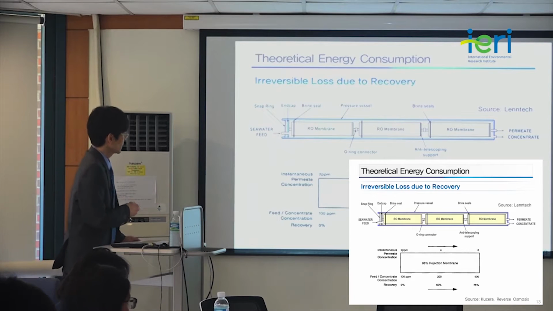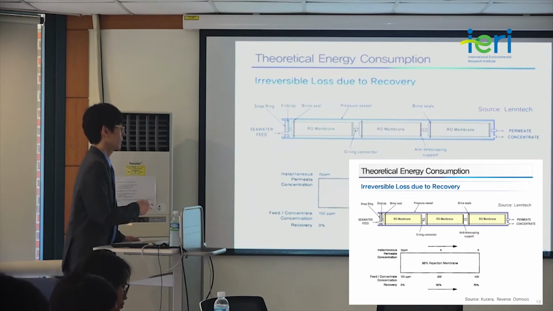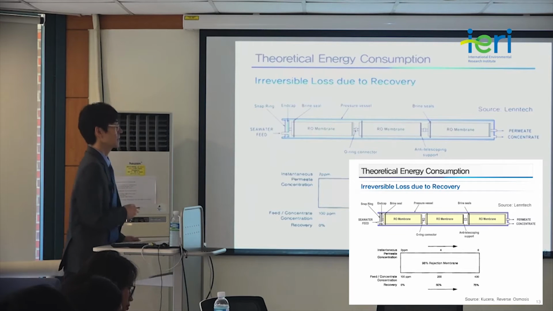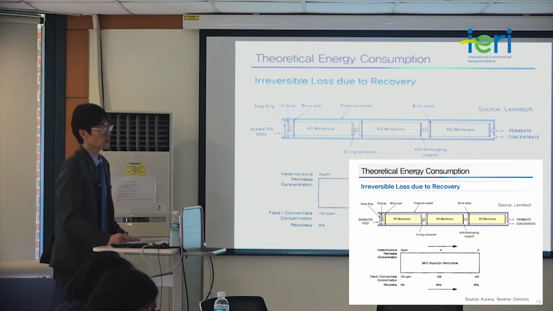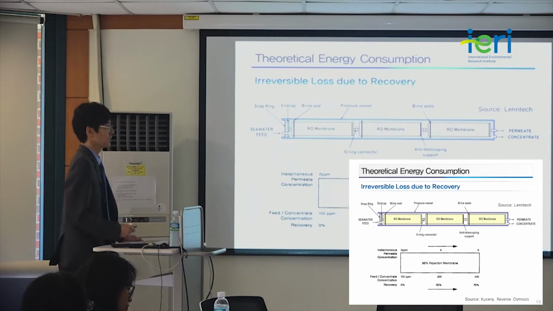In this case, the inlet concentration and outlet concentration are different, so we have different osmotic pressure inside this vessel, and so different pressure differences, which is actually called the NDP, net driving pressure, which is proportional to the water that we can produce from this membrane system.